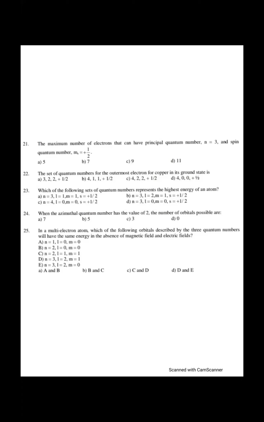It is asking for n equal to 3, that is the third shell. Inside the third shell there are 3 subshells: s, p and d. s consists of 1 orbital, p consists of 3 orbitals, d consists of 5 orbitals. You have to fill a single electron with the same spin in each orbital. You get 1 plus 3 plus 5 equal to 9. So 9 is the correct answer.